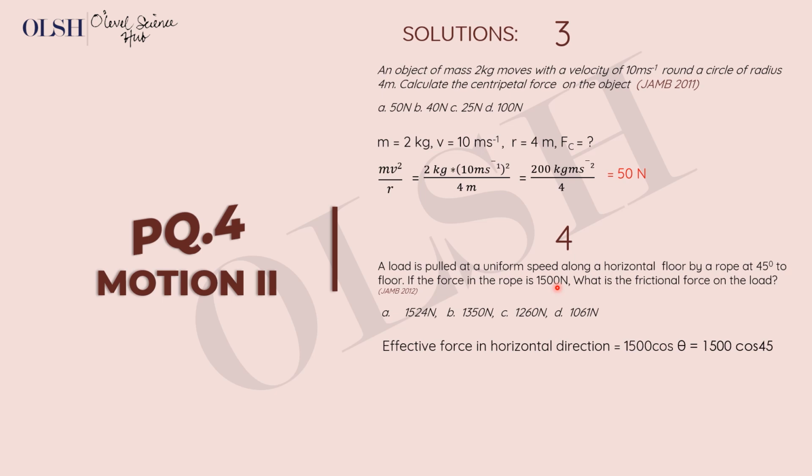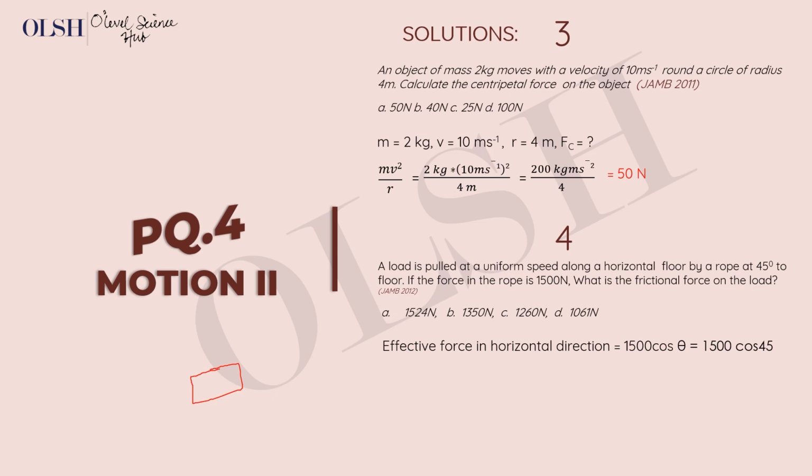Alright, so if we find out the effective force in the horizontal direction, then we would have found the frictional force on the load. Okay, so just to create a form of perspective, it's more like we have this box on the floor.